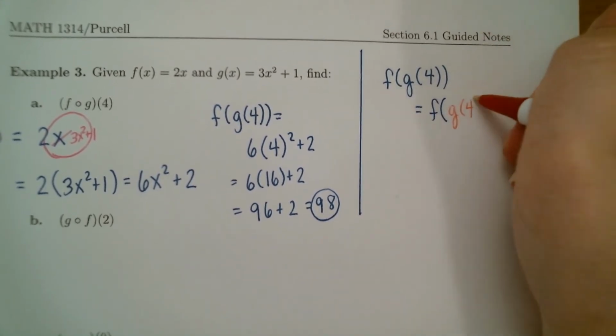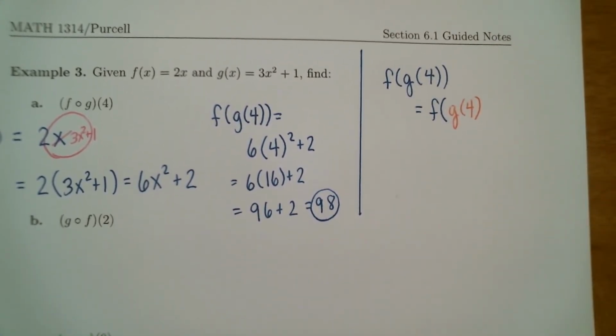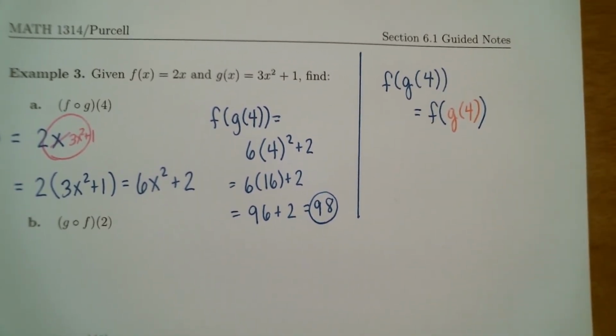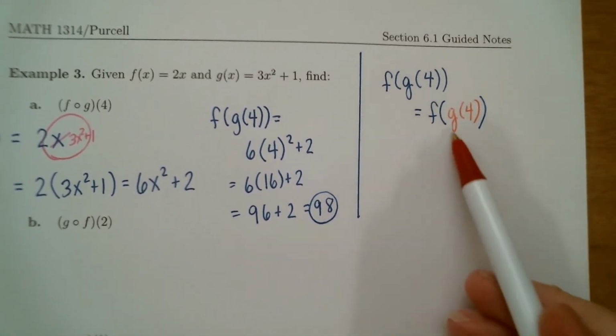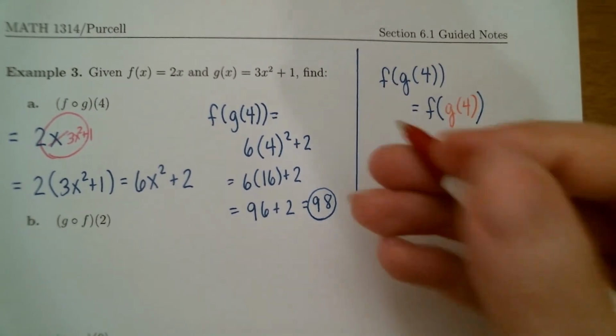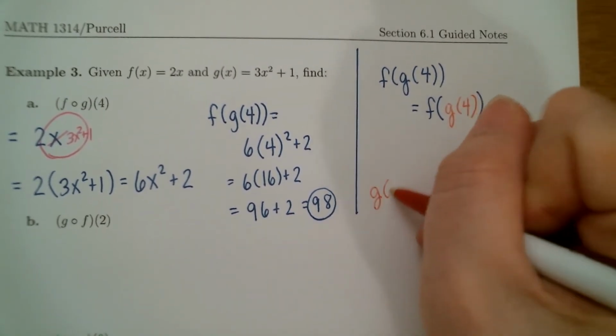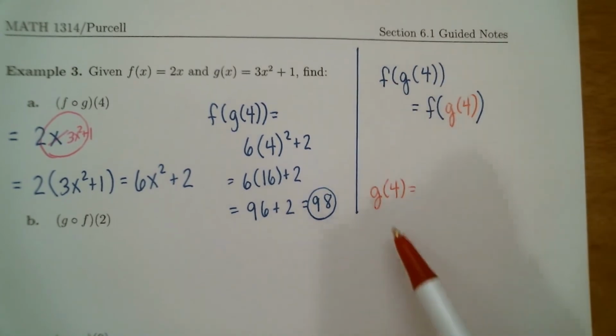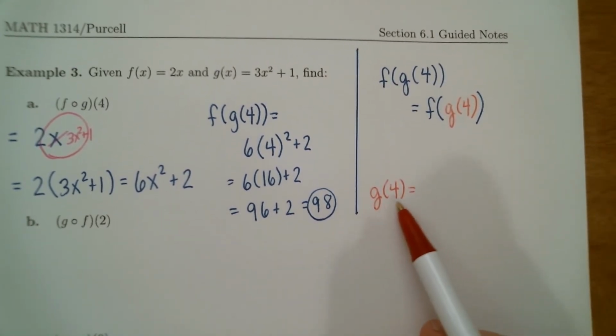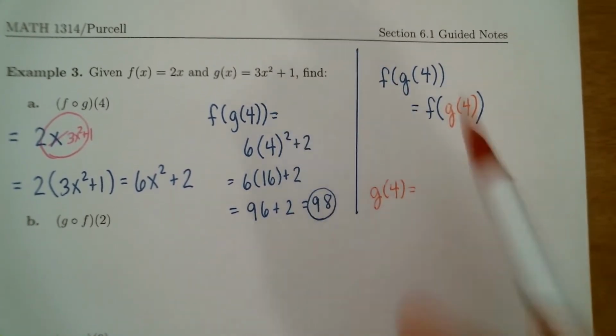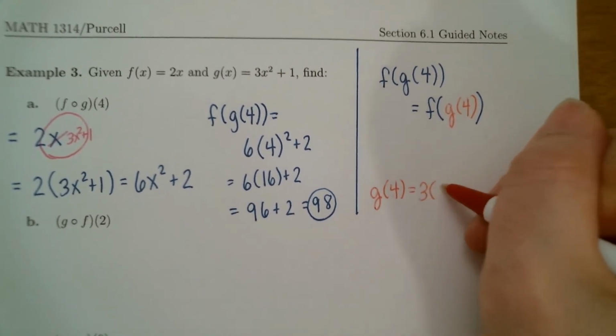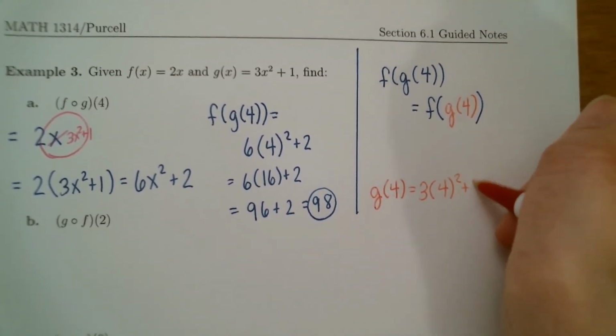I'm going to go out to the side here. If you notice, g of 4 is on the inside, so I'm going to calculate g of 4. This means go to g. Everywhere you see an x, you're going to put a 4. So here's g of x. This is going to be 3 times 4 squared plus 1.